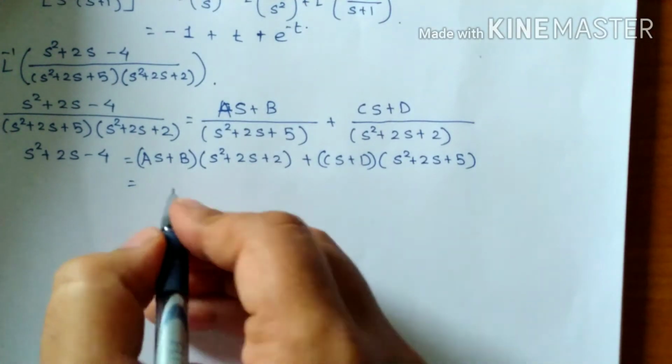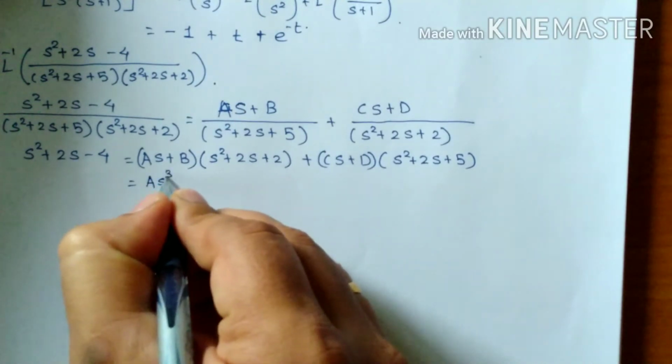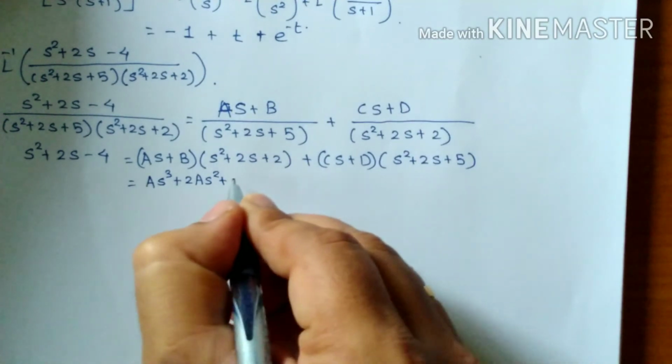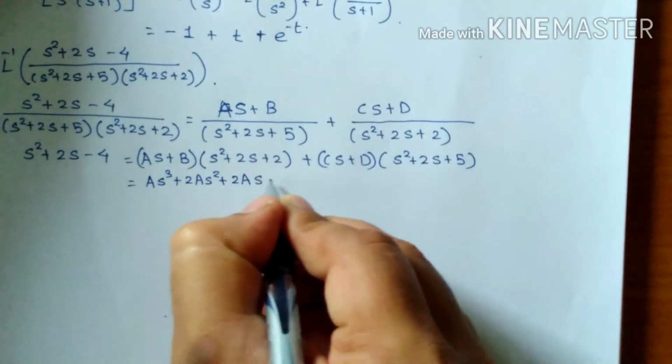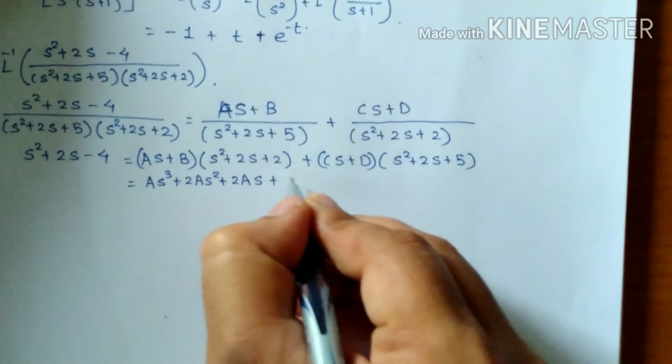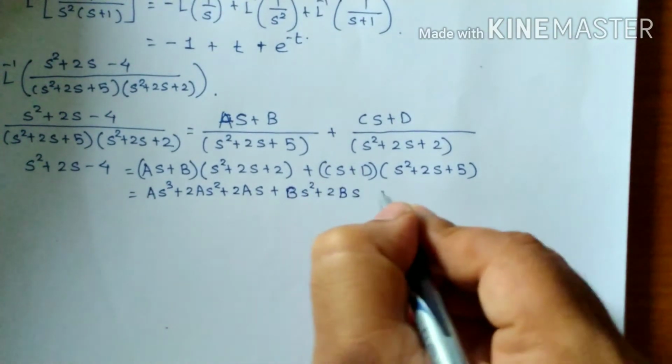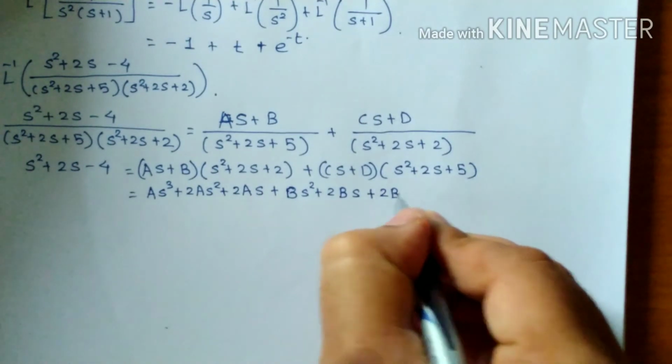Into this bracket, we have as cube plus 2a into s square plus 2a into s, plus b into s square plus 2b into s plus 2b.